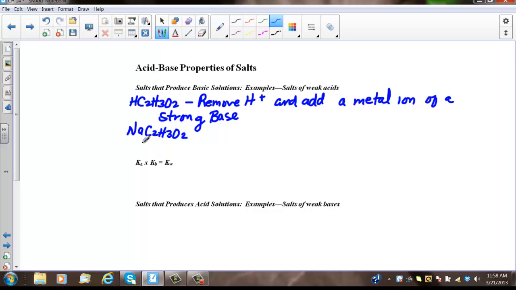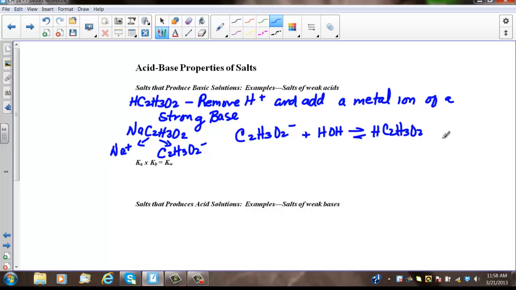So in water, I wind up having Na plus, and I wind up having C2H3O2 minus. Now the sodium has no bearing here, but my C2H3O2 minus ion in the presence of water, and I'm going to write this as HOH for a reason, is going to form acetic acid again and OH minus.